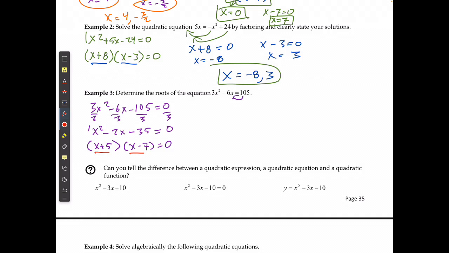So I take the first factor. If x plus 5 is equal to 0, then x is going to equal negative 5. If x minus 7 is equal to 0, x would equal positive 7, which means that in this case, x can either equal negative 5 or positive 7 in order to make this equation balance out to 0.